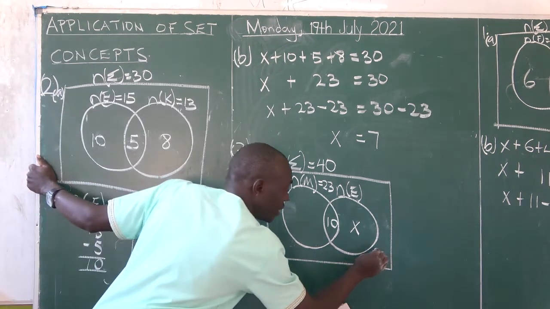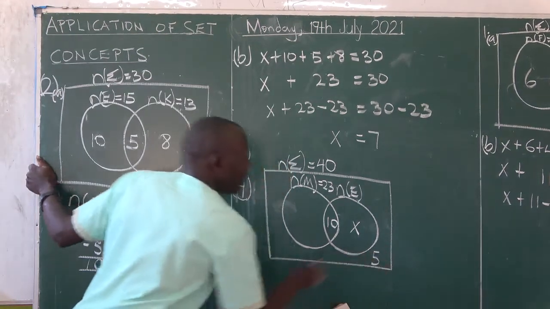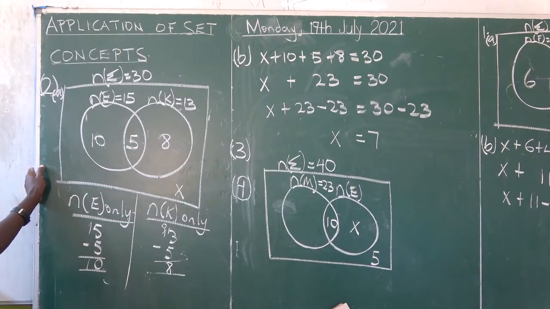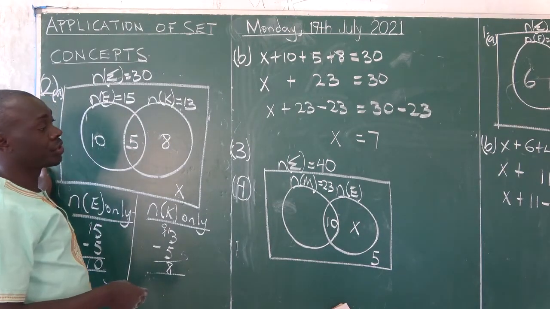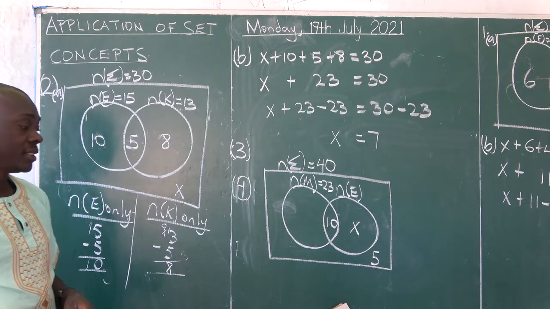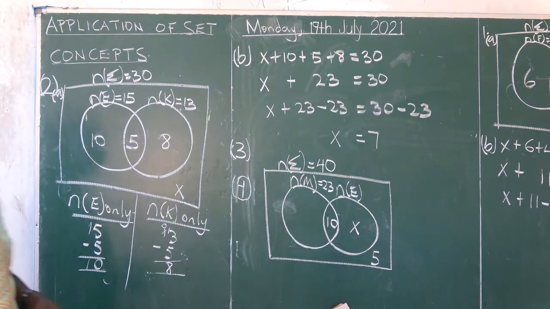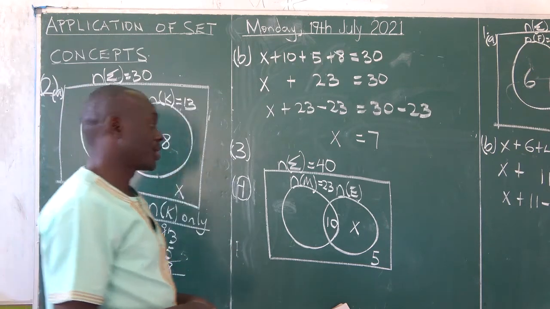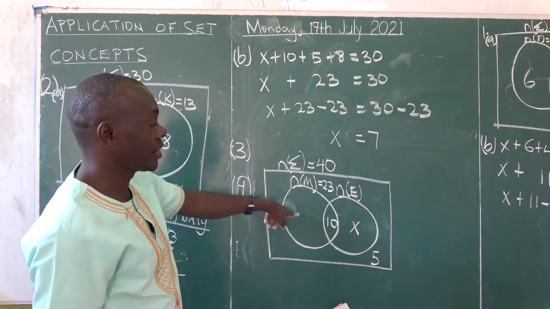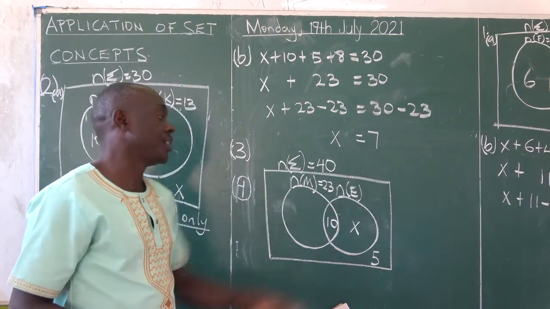So right here, the 5 members who hate learning math and English. You are told to show the information in the Venn diagram. They will not give you all the information. They want you to bring out that concept of either addition or subtraction. So this part is formed by subtraction, like I said, and this part is formed by addition.